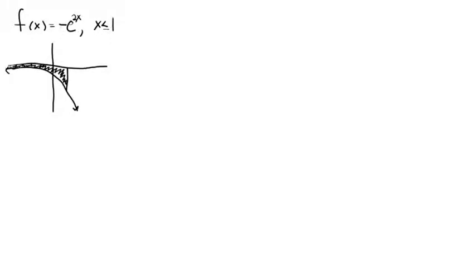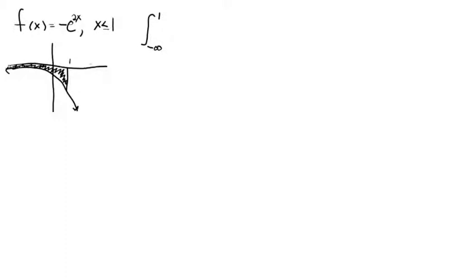We're looking at negative e to the 2x, where x is less than or equal to 1, and we're interested in the area that's bounded by the x-axis and the function. This one has an infinite bound on the left, so that would be the lower bound. So I would set this one up as an integral, going from negative infinity to 1.